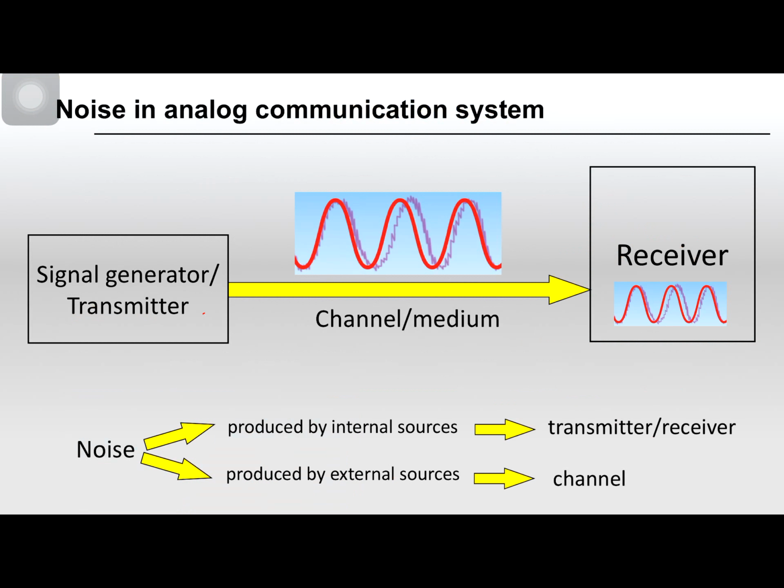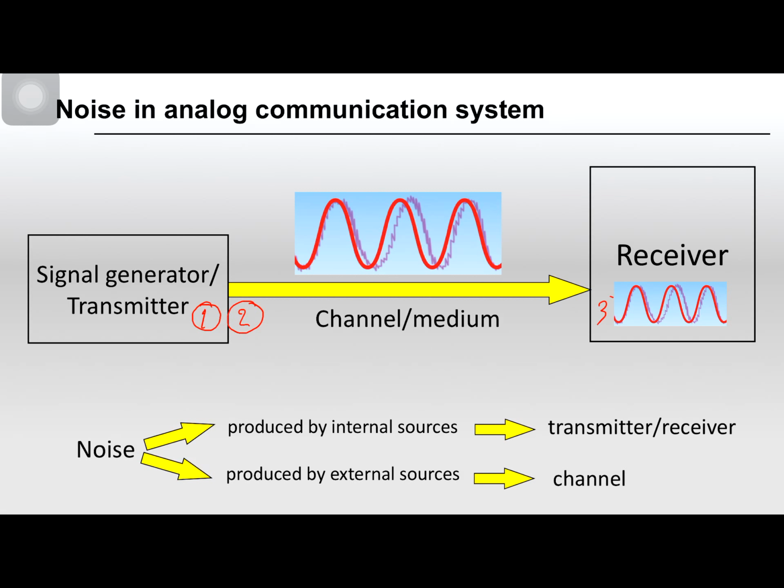So in the communication system, the system normally contains the first one, the signal generator, or we can call it transmitter. So this part is used to generate the original message or original signal. And then the signal will go through the channel or medium, which is basically the medium for transmitting the signal.